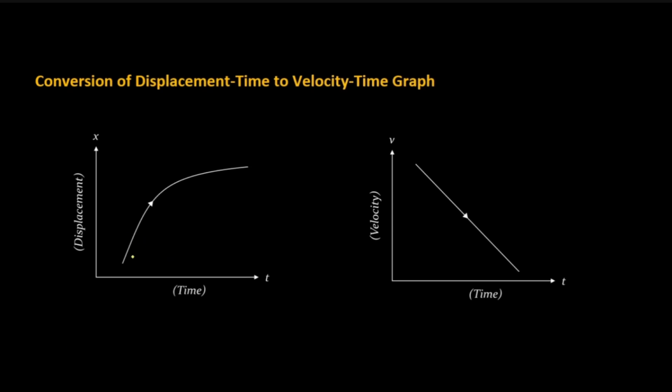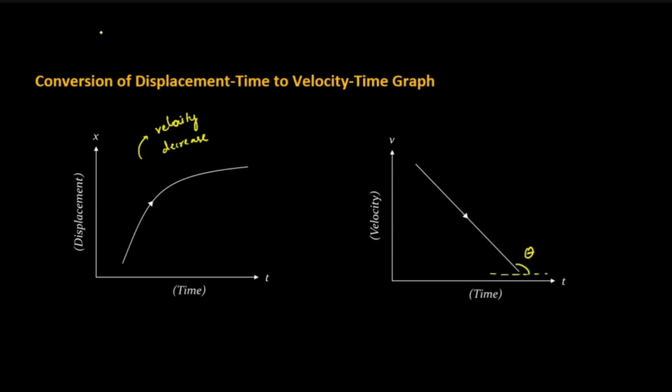Then again, this graph shows that the velocity is decreasing. We already know this. But if velocity is decreasing, how are we able to represent it? We'll simply represent it by again a straight line, but in the downward direction this time. The slope will be calculated by again taking this angle theta with the x-axis.